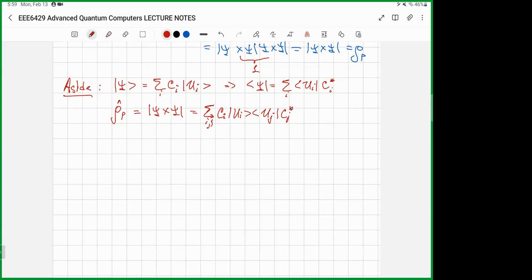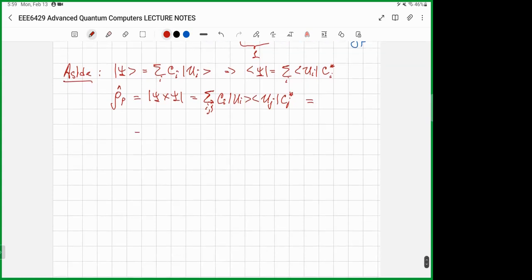Okay, and now I notice that I can rewrite this one. So this is the product of two, and I can rewrite the same in two terms. The first one will be the product of the same projections of the same components.